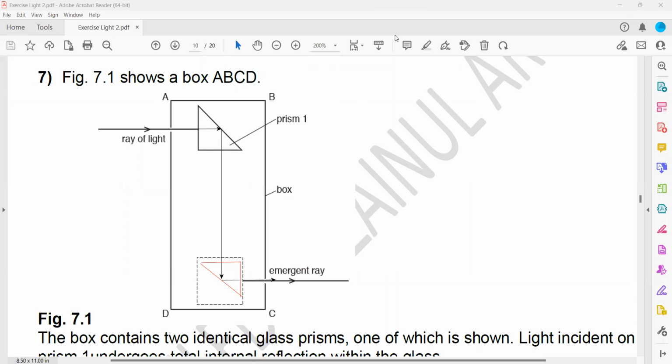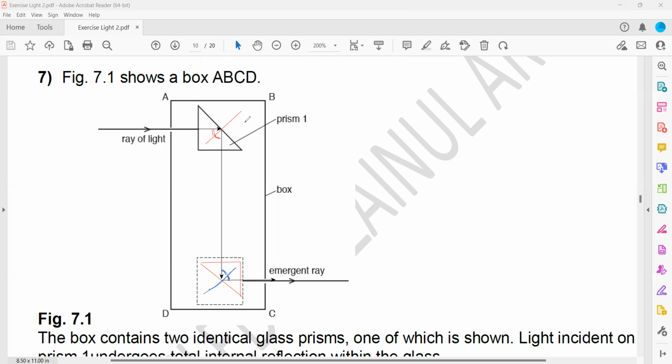Because in this one, this is a normal. The normal is perpendicular to the surface. So this is a surface. These two angles should be the same, the angle of incidence and reflection. And again, when we draw a normal here, these two angles should be the same, the angle of incidence and angle of reflection. So light undergoes total reflection in both prisms and it emerges out on the other side.